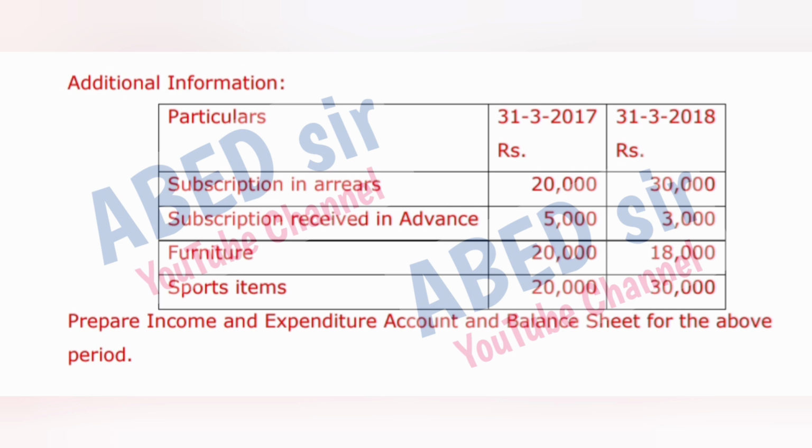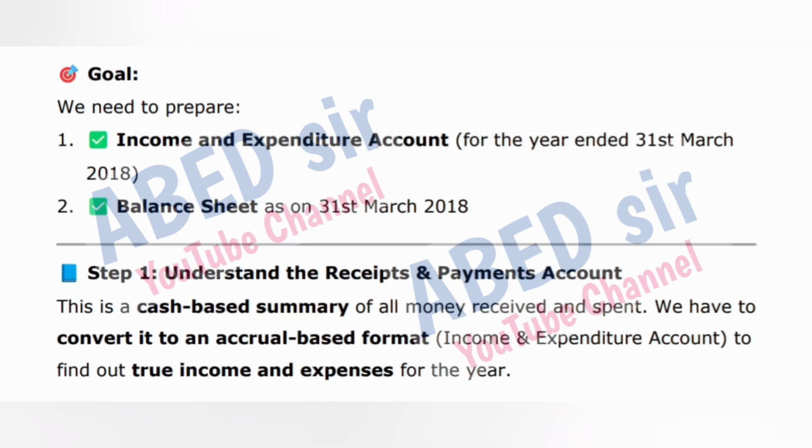Sports items 20,000 and 30,000. Prepare income and expenditure account and balance sheet for the above period. Goal: we need to prepare 1, income and expenditure account for the year ended 31st March 2018, and 2, balance sheet as on 31st March 2018.